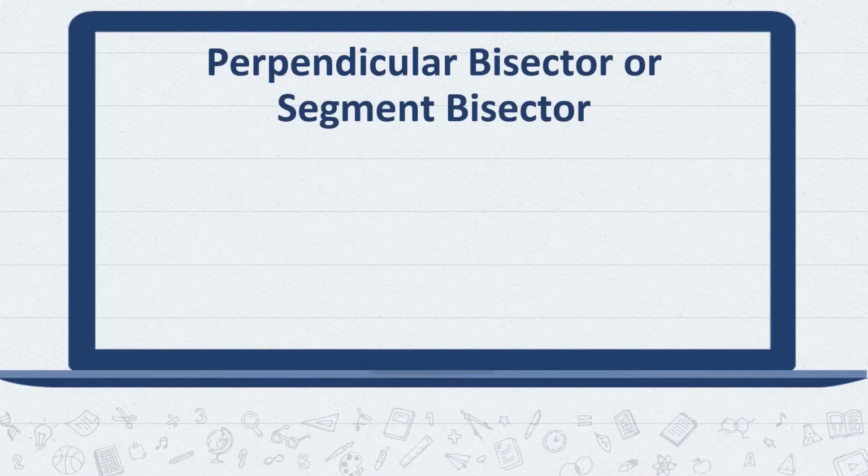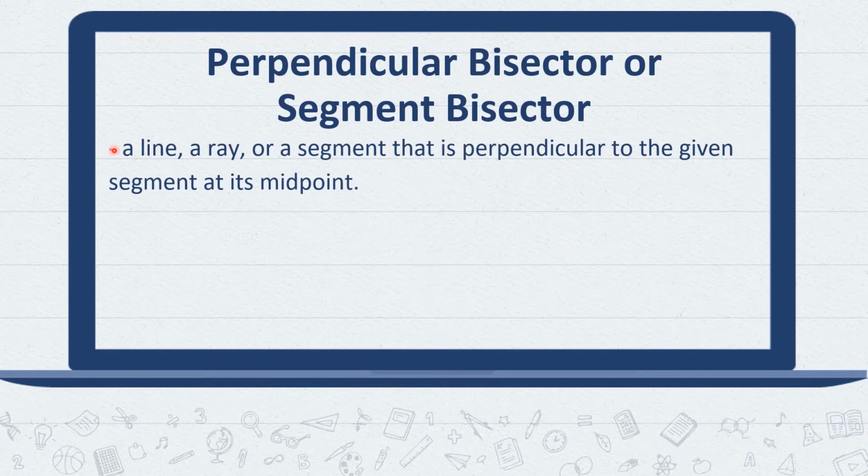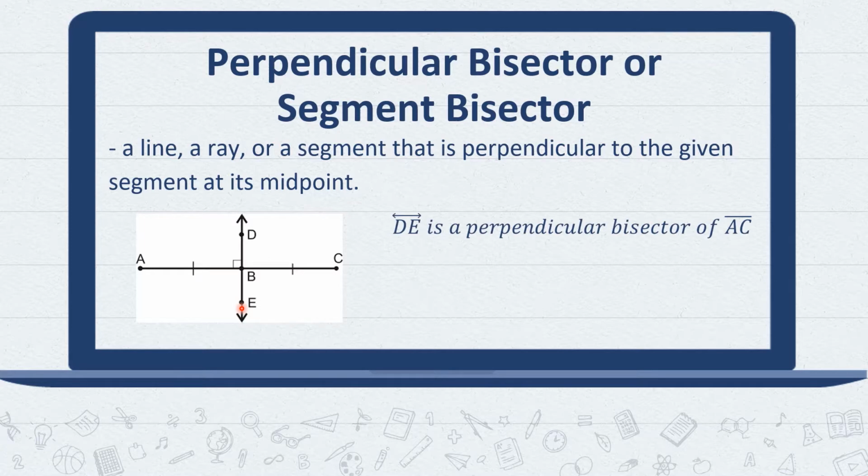In perpendicular lines, we have what we call the perpendicular bisector or segment bisector. It is a line, a ray, or a segment that is perpendicular to the given segment at its midpoint. So let's say we have our figure. We have here our given segment, segment AC, and DE is what we call the perpendicular bisector.